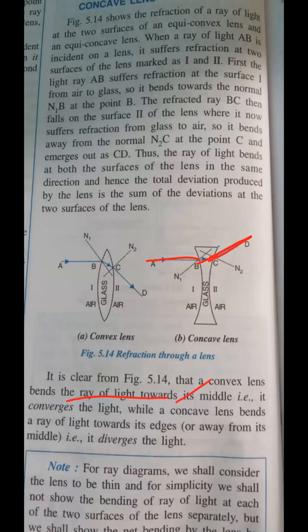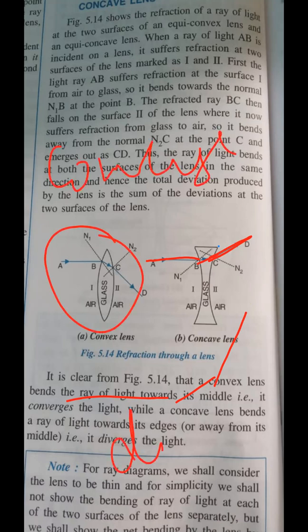Ray of light bends this way, then this way. Okay, so this ray of light will diverge more, whereas this ray of light will converge more. Easy? Any doubts, Vasant? No, sir.